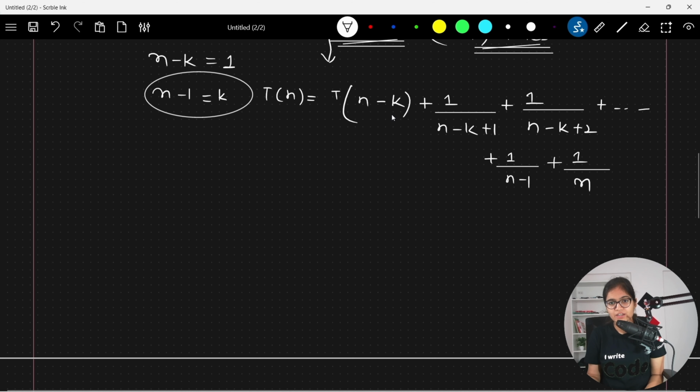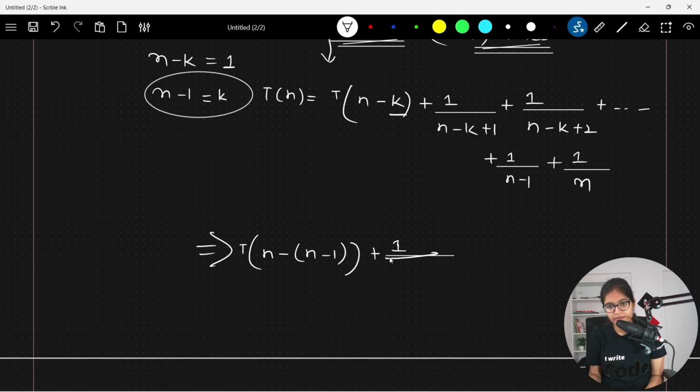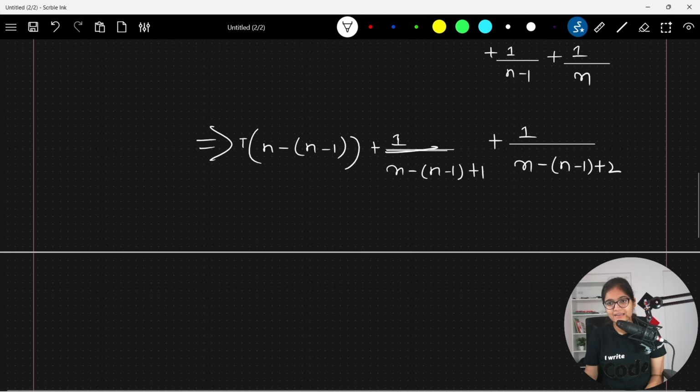Now what we can do is replace this value of k with n minus 1. So we are getting t of n minus 1 plus 1 divided by n minus 1 plus 1, plus 1 divided by n minus 1 plus 2, until 1 divided by n minus 1 plus 1 divided by n.